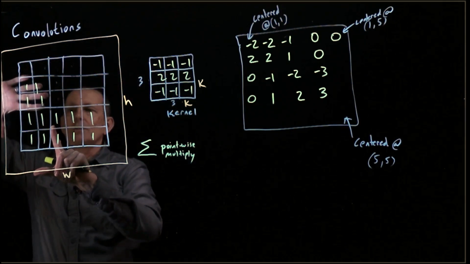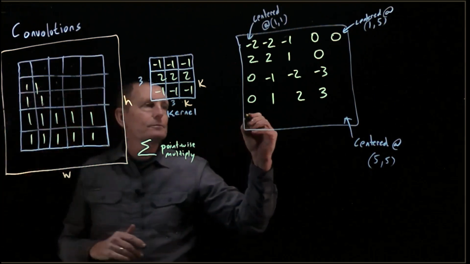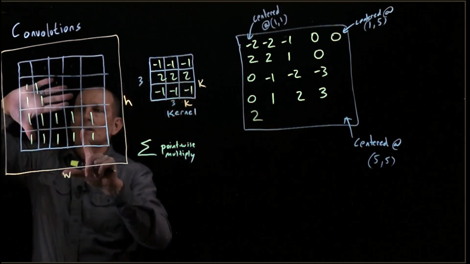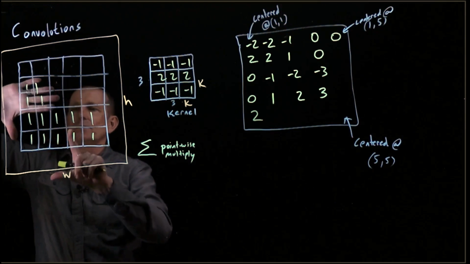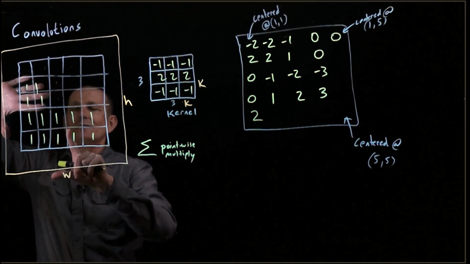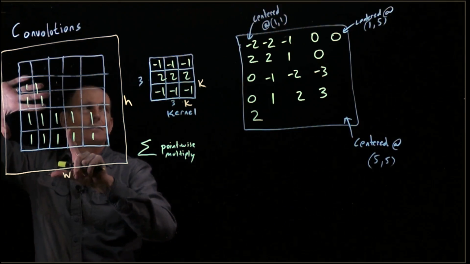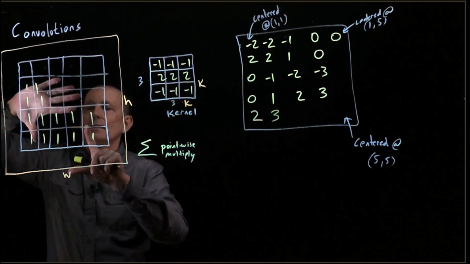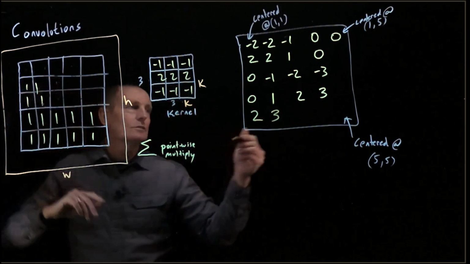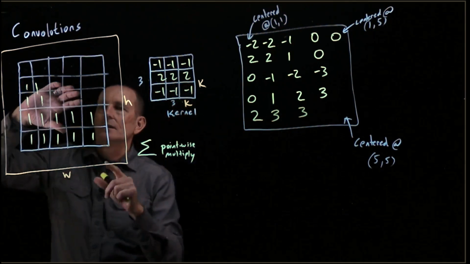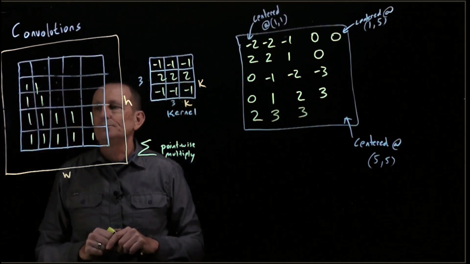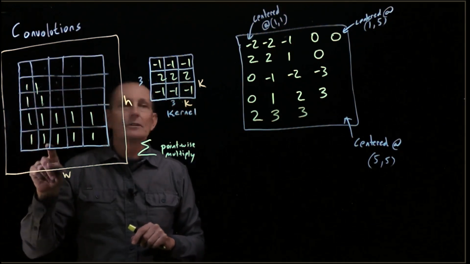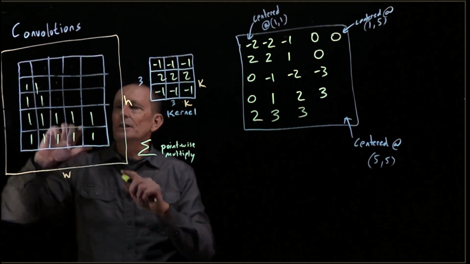Down here we've got 2 -1s and 2 2s, so that's going to be a total of 2. Centered here, we have 3 -1s, 3 positive 2s, and so that's a total of 3. Again, 3 -1s, 3 positive 2s is a 3. So we did centered here, here, here, now we're centered here.